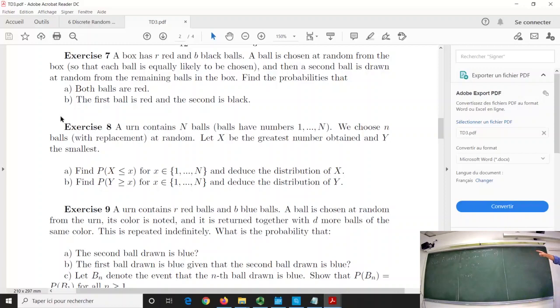So we are going to use this one to use the independence. So the probability of the intersection will be the product of the probabilities.